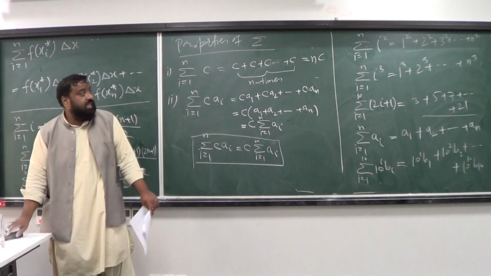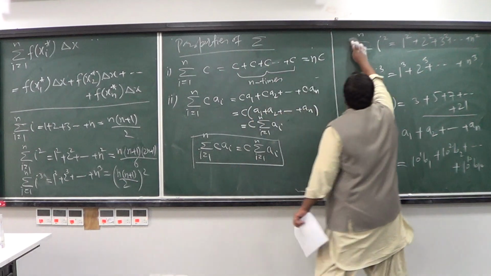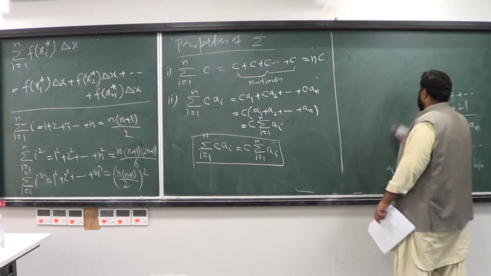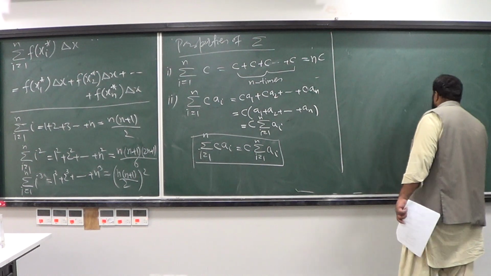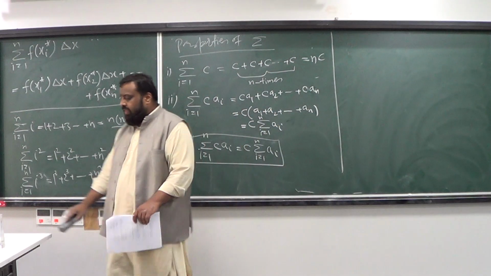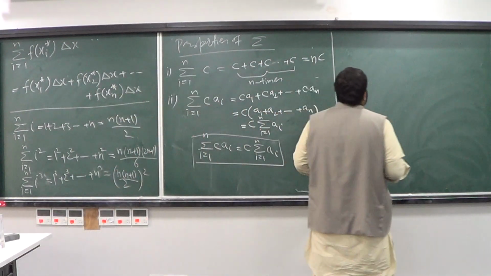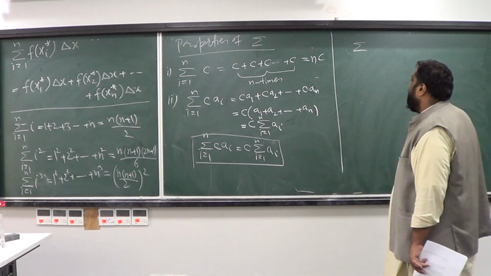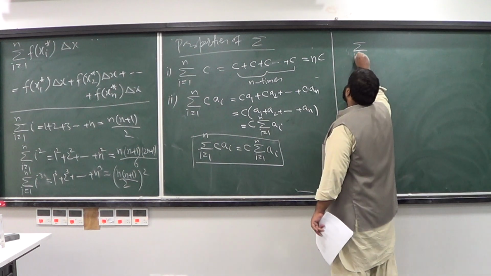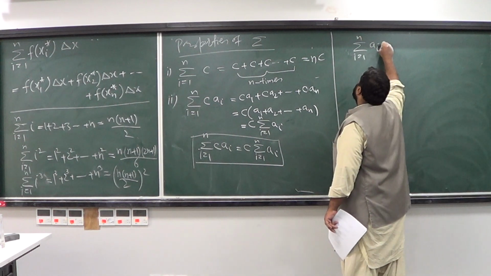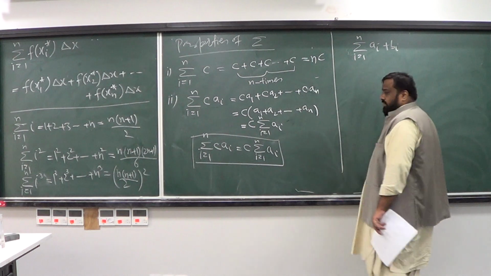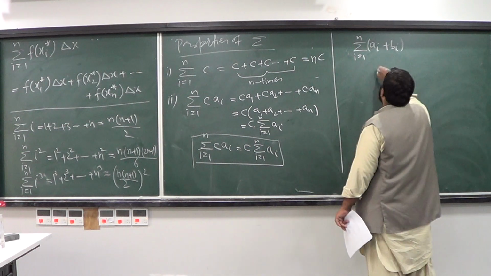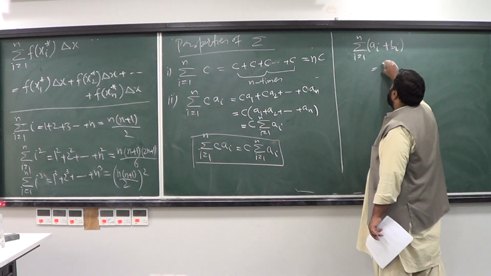The next important thing is what if you have two terms which are added together inside the sum. For example, a sum that goes from i equal to 1 to n of (a_i plus b_i). What does that mean?